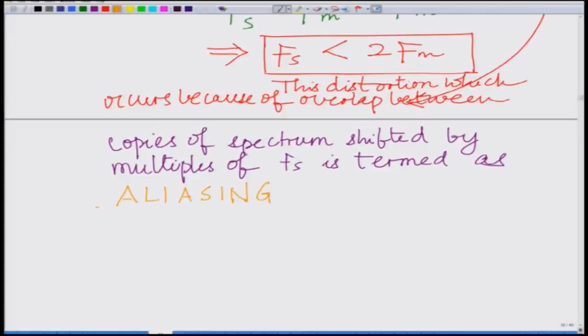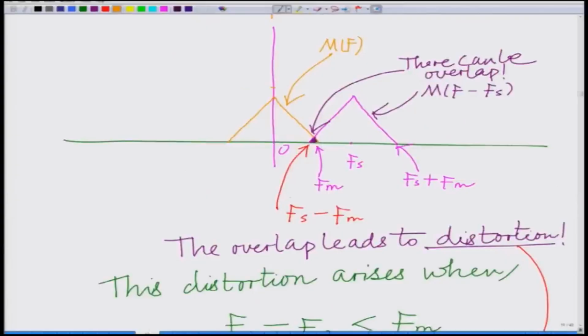This distortion which occurs because of this overlap is termed as aliasing.